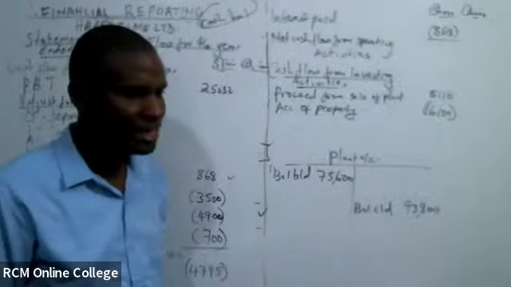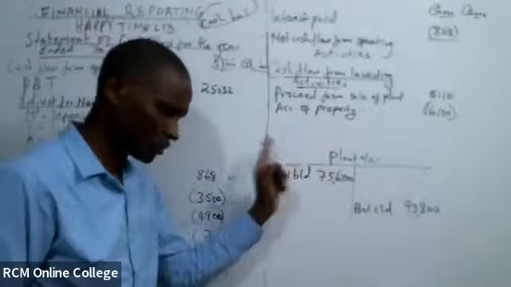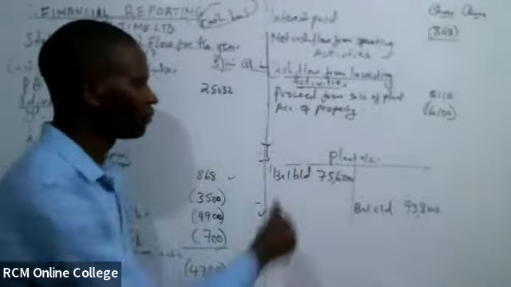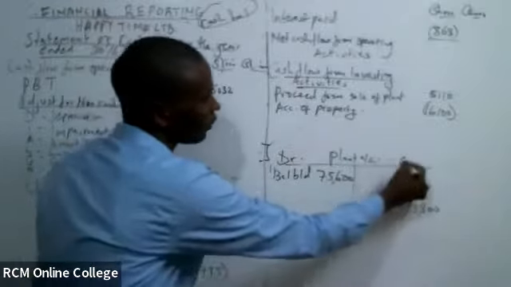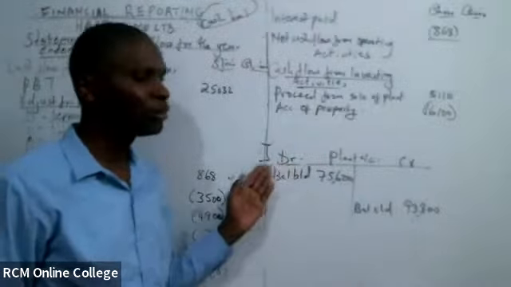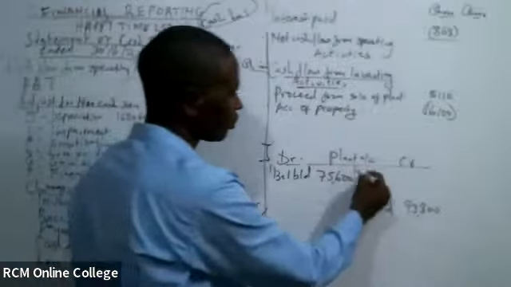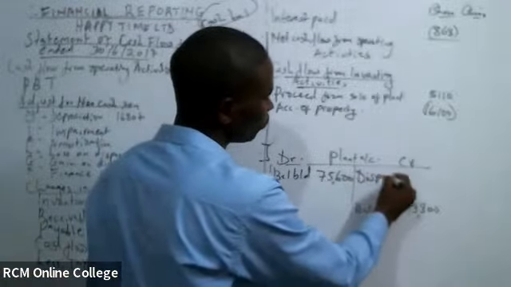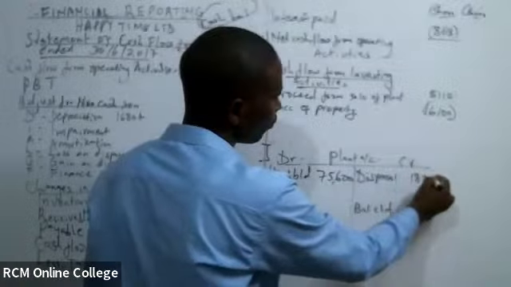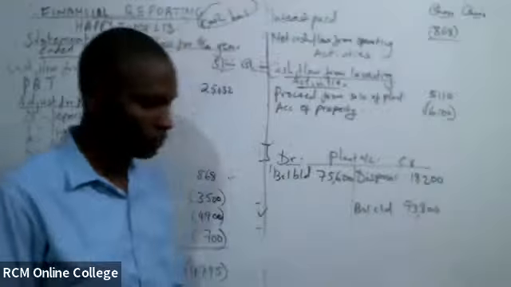There was a disposal of an item at which cost? Remember, this is at cost. Debit, credit. They disposed of an item worth how much? That means that item reduced this plant by 18,200. So disposal, 18,200. The item they sold reduced the plant.